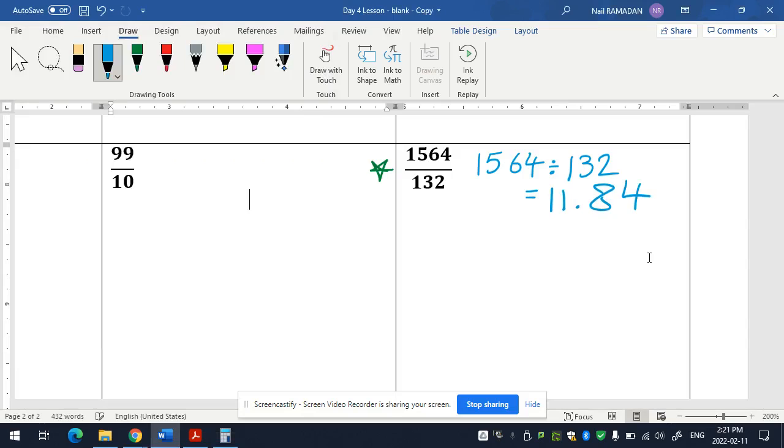What number of those are we gonna take? So I'm gonna underline it, and I'm gonna go 11. So $11 given to each of 132 people.